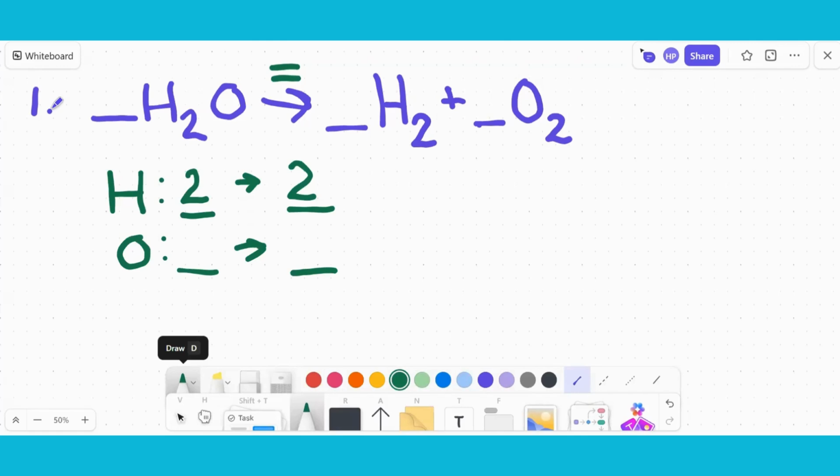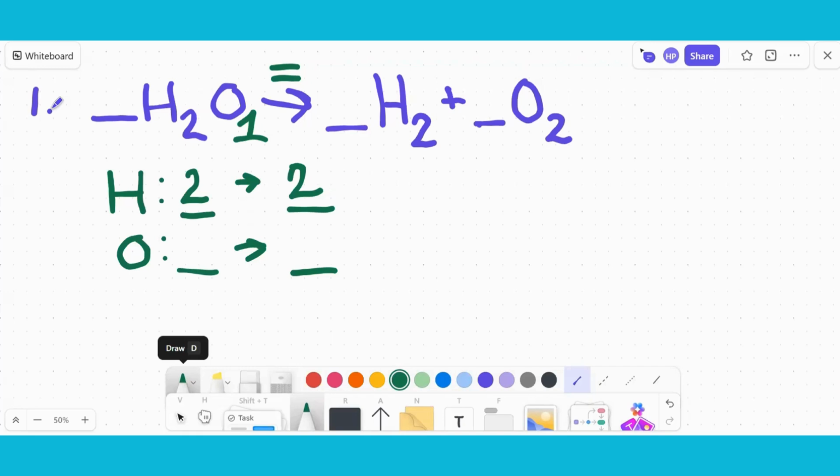When we look at oxygen, remember if there's no number with the element, oops, sorry. Not sure why that happened. But looking at the oxygen, there's no number. That means technically there's a 1. But chemists don't write the 1 every time because it would become really redundant and exhausting to write a 1 every time there's only 1 atom in the formula.